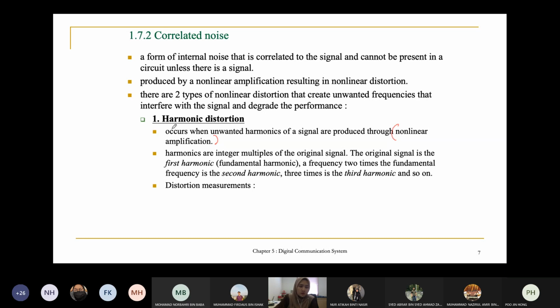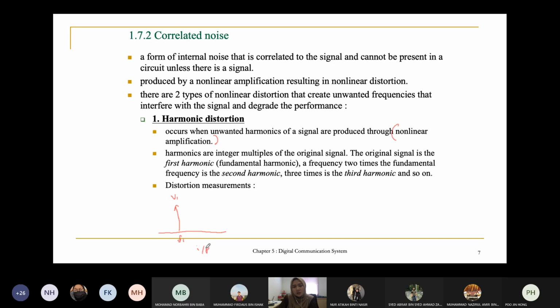Let me draw the harmonic distortion. For example, you have an input signal like this. This is your V1, this is F1.